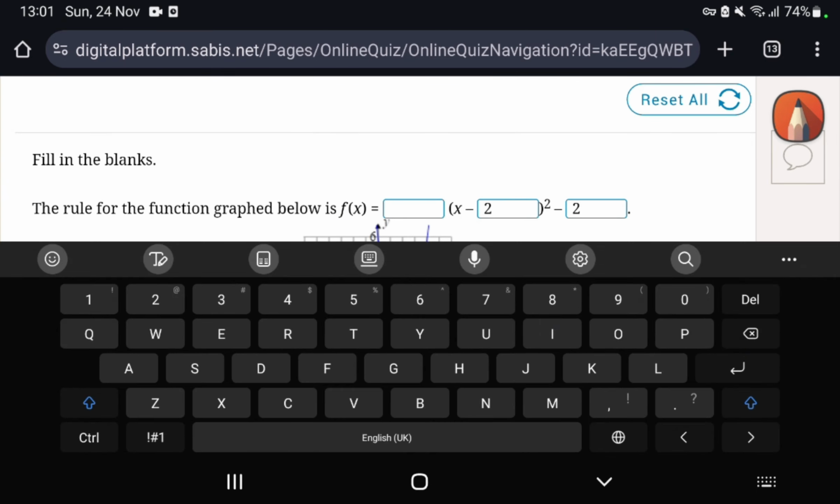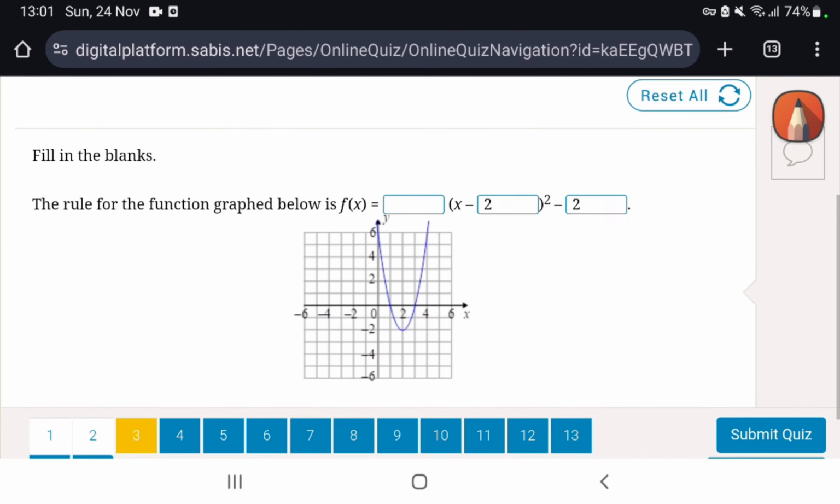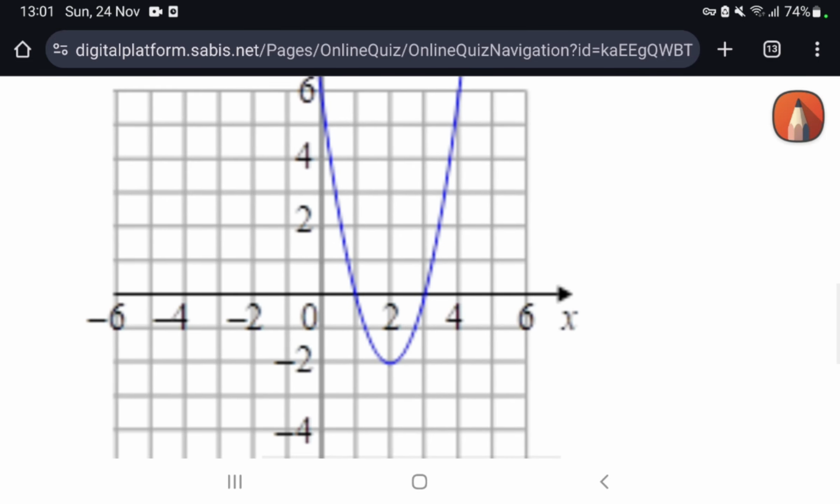So now, to get the first box, we get a point on the graph and we substitute it for x and f of x respectively. So here we have 3, 0.